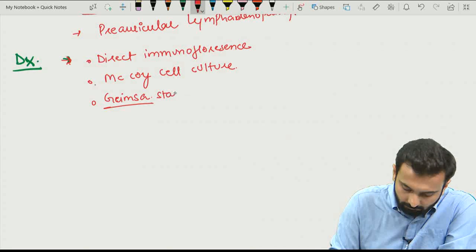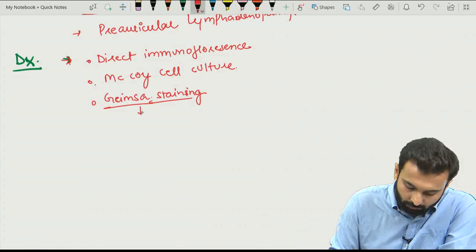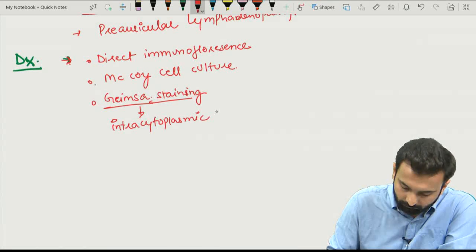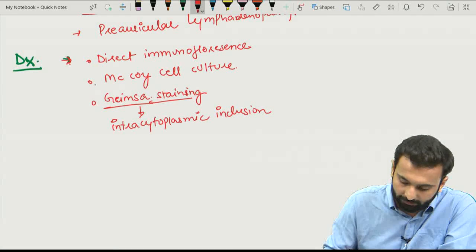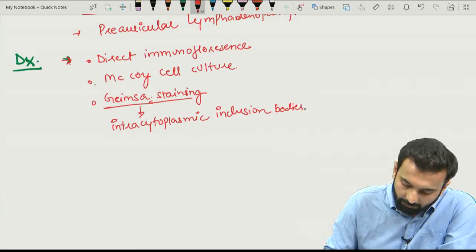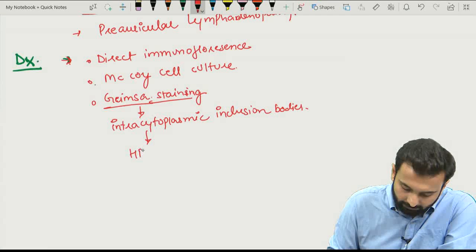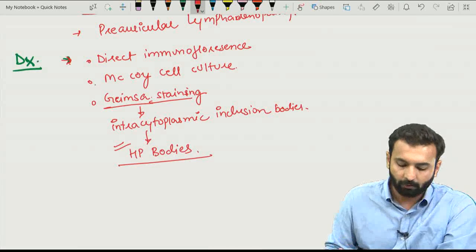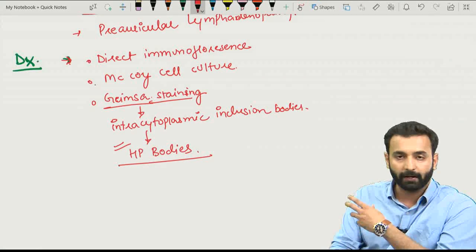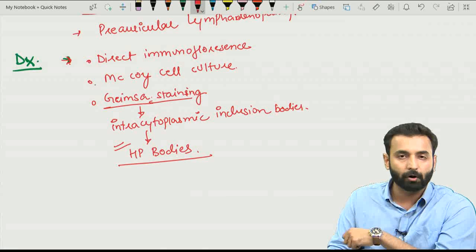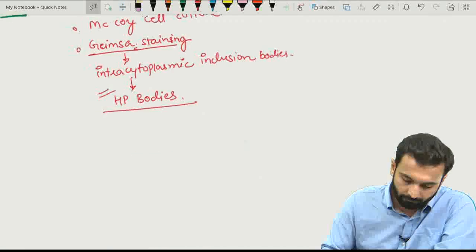On Giemsa staining, you will see intracytoplasmic inclusion bodies, and these bodies are called HP bodies, right?